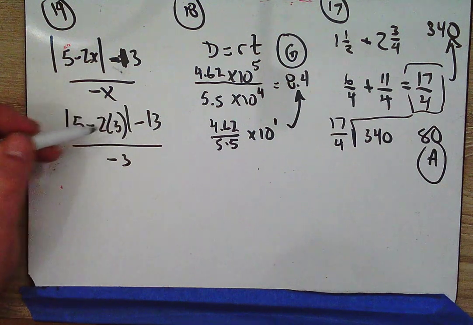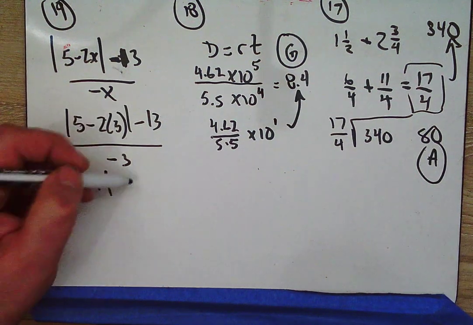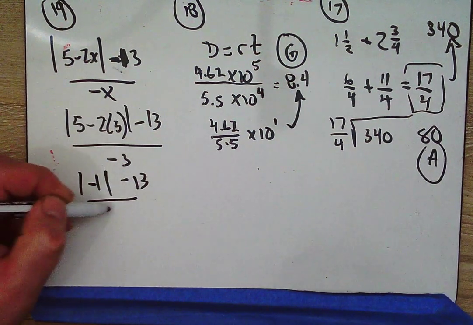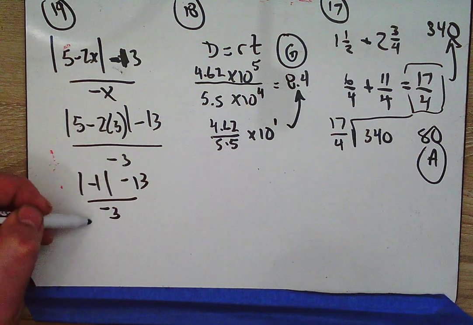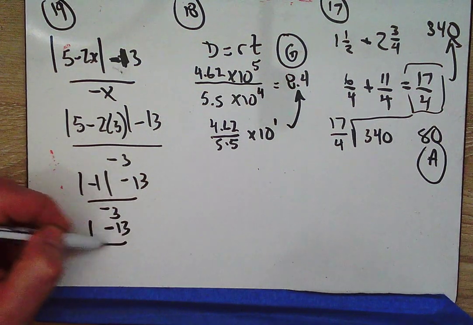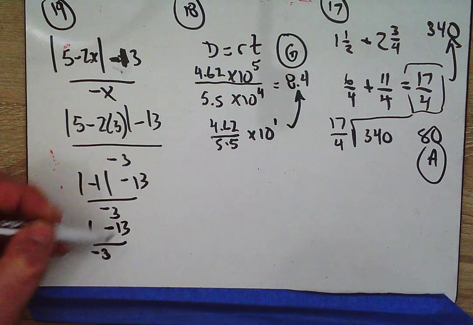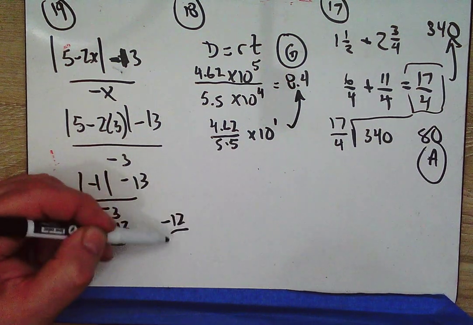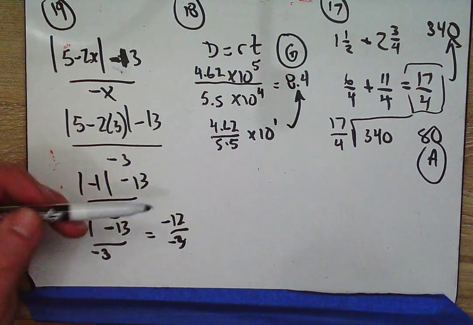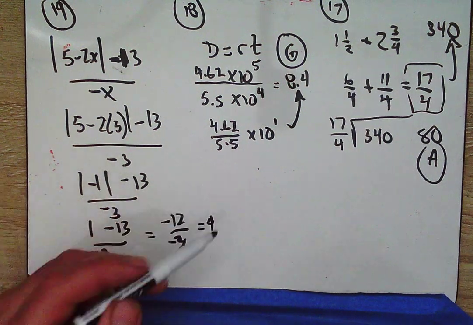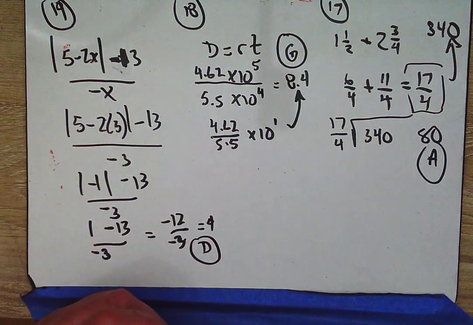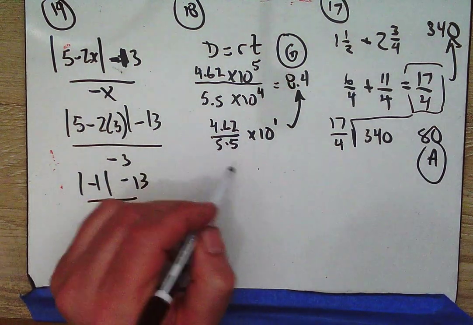This is 5 minus 6, which is the absolute value of negative 1. Absolute value of negative 1 is 1. We've got negative 12 on top, negative 3 on the bottom, and I get 4, and that's choice D. D for 19.